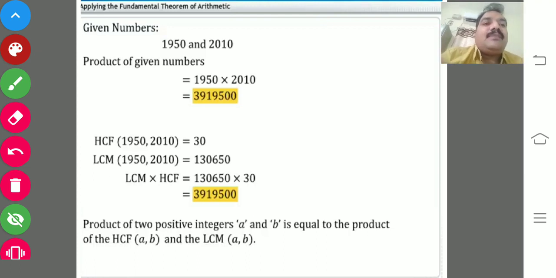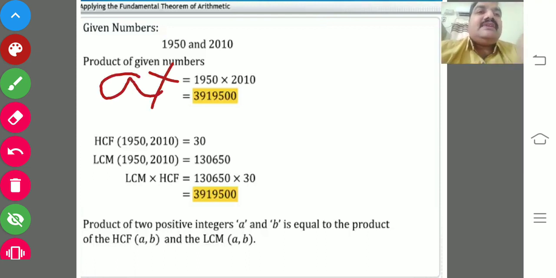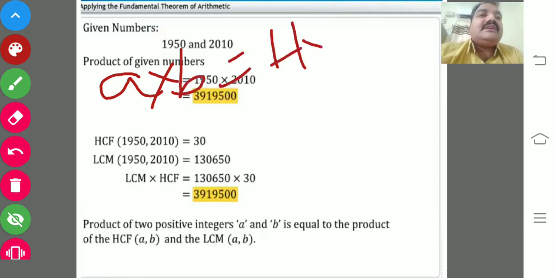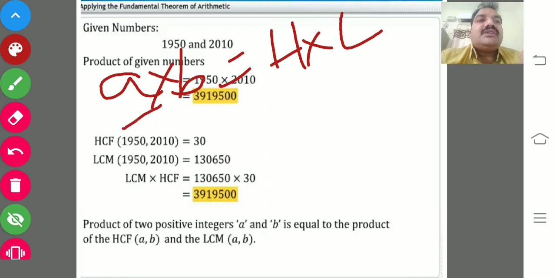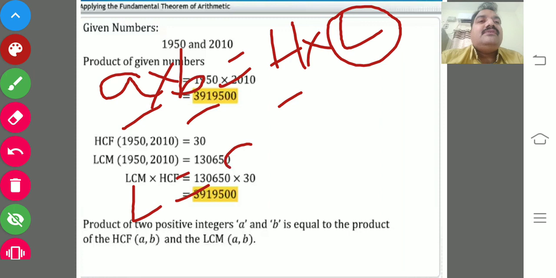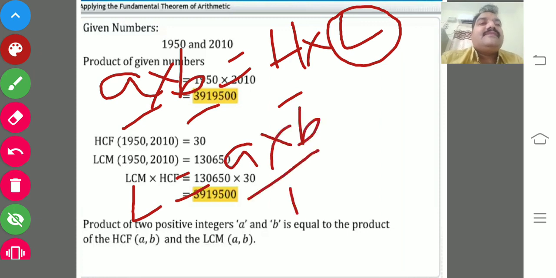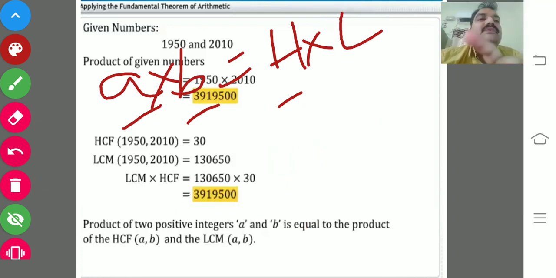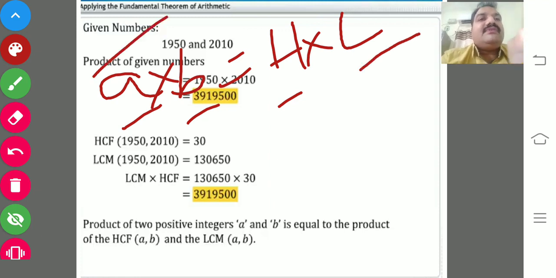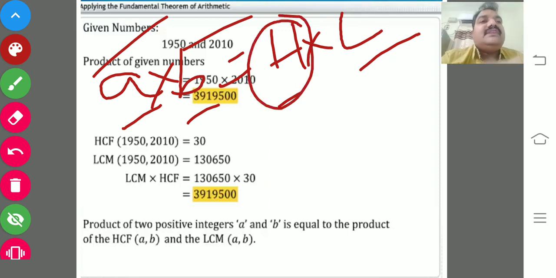So where will you apply it? Suppose A into B equals H into L is the condition. Sometimes in a problem you know the two numbers and the HCF, but you don't know L. Then L equals A into B by H. In some cases you know the L value, A value and B value, but you have to find the H value.